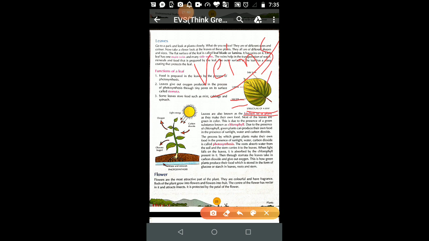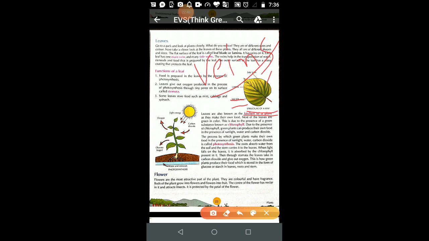And student, one more thing you must understand. These leaves also have tiny holes, and these holes are known as stomata.